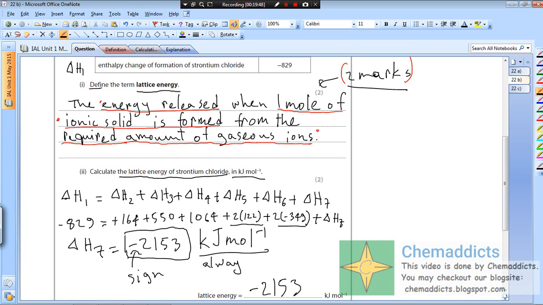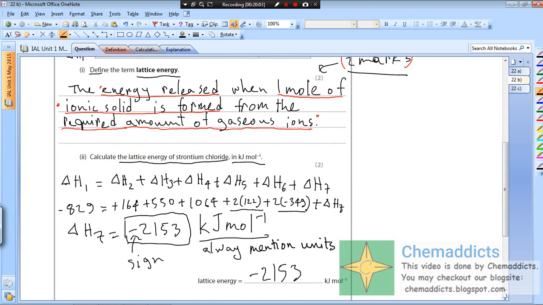Where is my pen? Yes, always mention the unit. In here you don't need to mention the unit since the unit is already given. So that's how we are going to solve this problem.